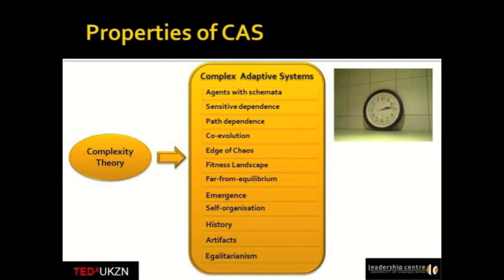Sensitive dependence on initial conditions essentially says that imperceptible differences in starting conditions can lead to hugely divergent outcomes. Let's take one or two examples. Two raindrops at the top of a mountain, a small gust of wind, one lands on this side of the mountain, the other on the other side, and they end up in two different oceans.